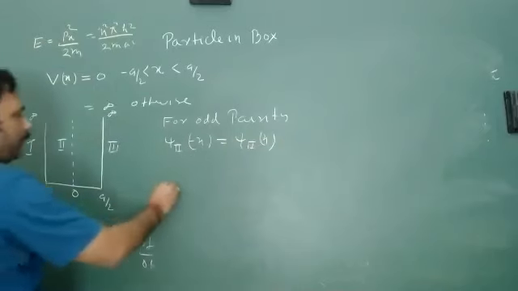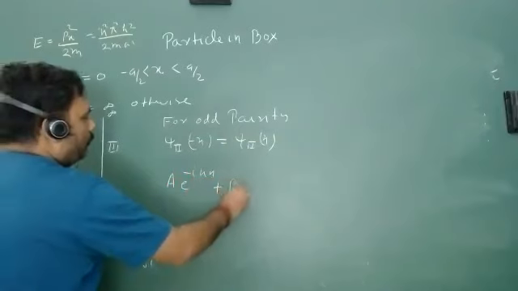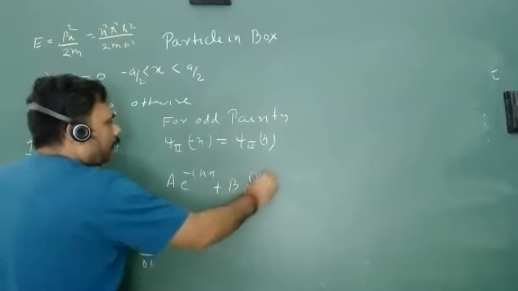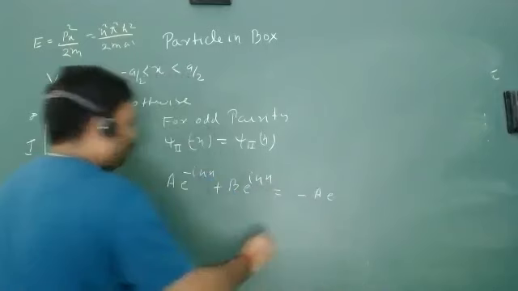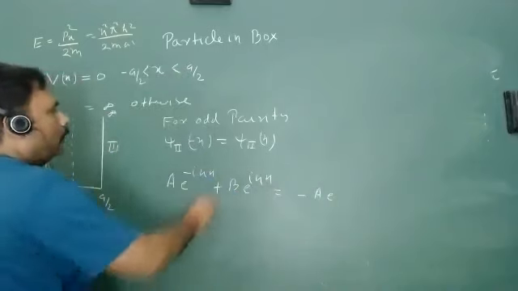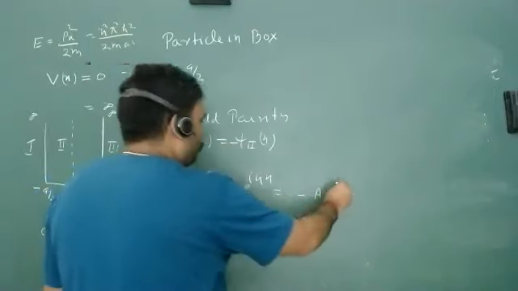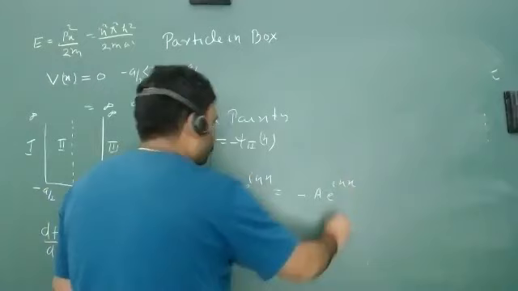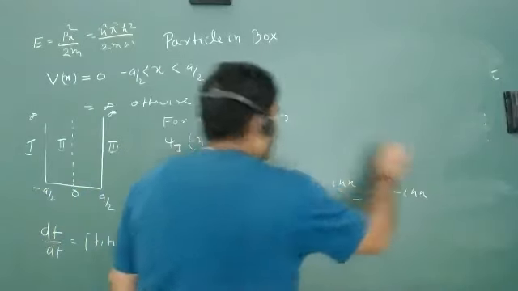And now we can write a e to the power minus ikx plus b e to the power ikx must be equal to minus a e to the power ikx minus b e to the power minus ikx.